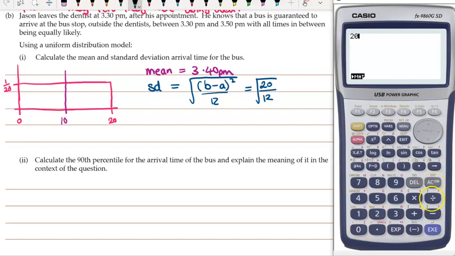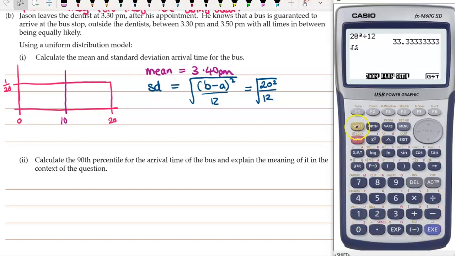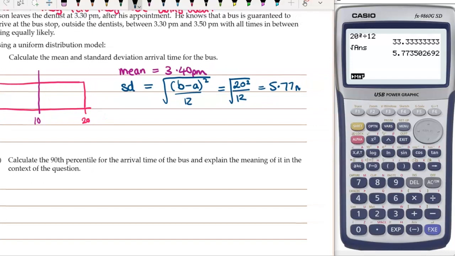So we pop that into our calculator and then find the square root of that. And just realized I made a mistake. I forgot the squared. So let's just go back and do that again. So 20 squared divided by 12, and we square root that. So that is equal to 5.77 minutes.